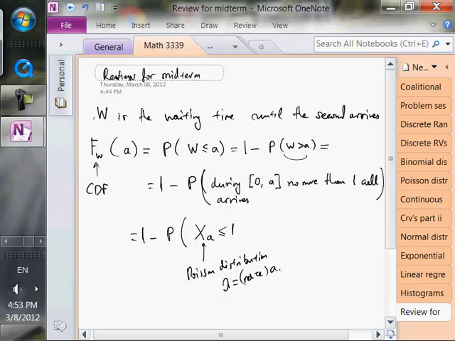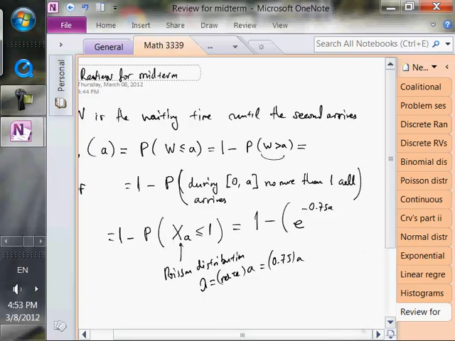So you have A minutes, you have 0.75 calls per minute, so you have 0.75 times A. That's the mean of this Poisson. Does not exceed 1, so that gives me 1 minus e to the negative 0.75 times A.